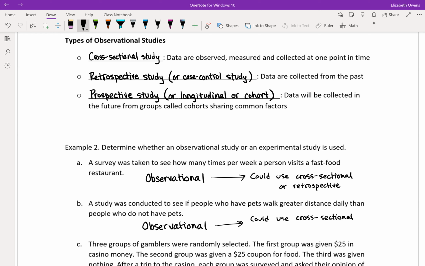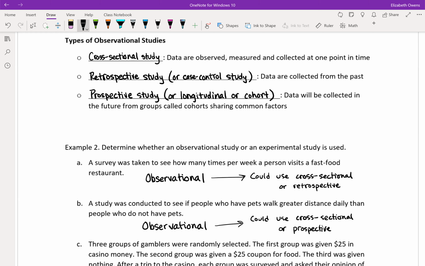Or I suppose we could use a retrospective study if people were tracking in the past how much they were walking. But I think this might actually be pretty well set up for a prospective or cohort study, because we could make cohorts out of the two groups of people, a cohort who has pets and a cohort who doesn't, and see over the longer term who walks more.